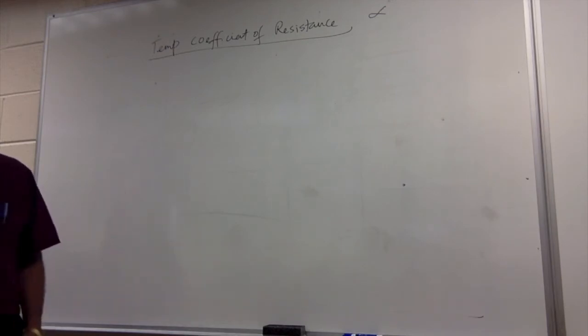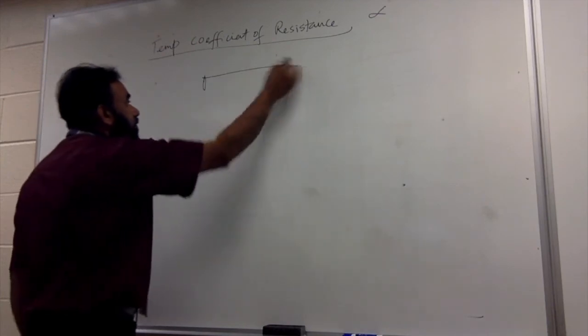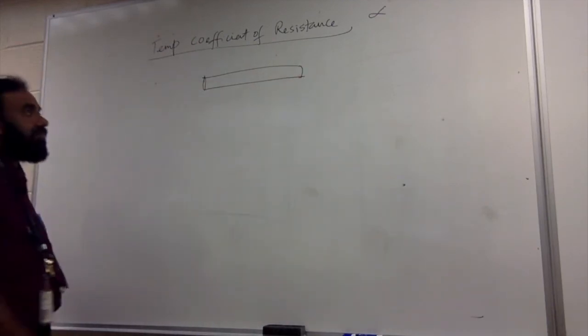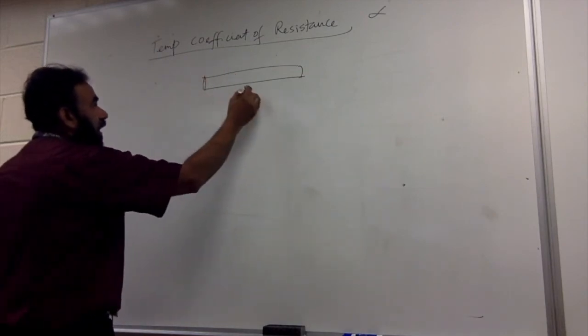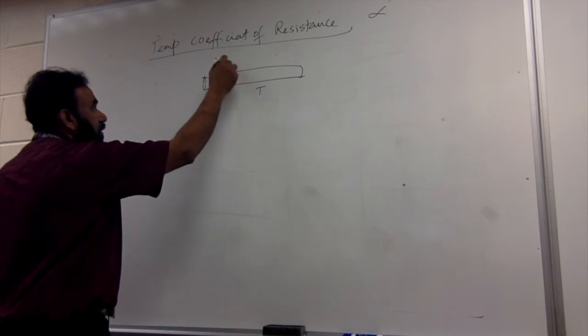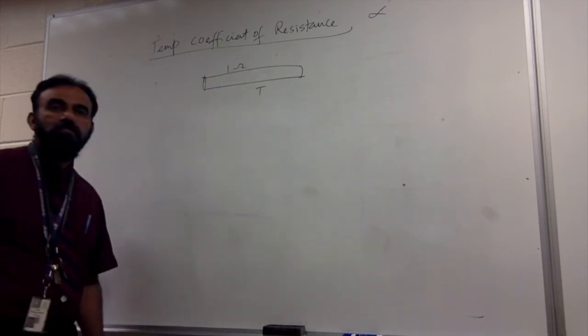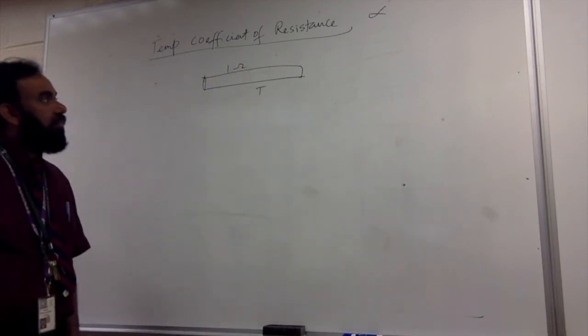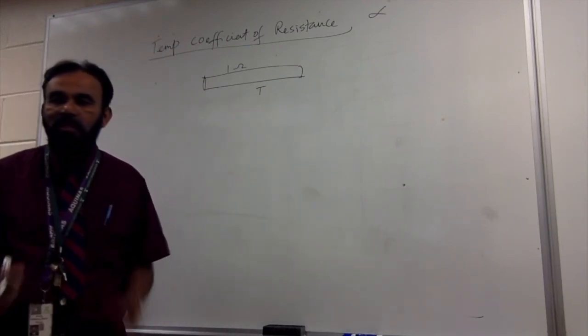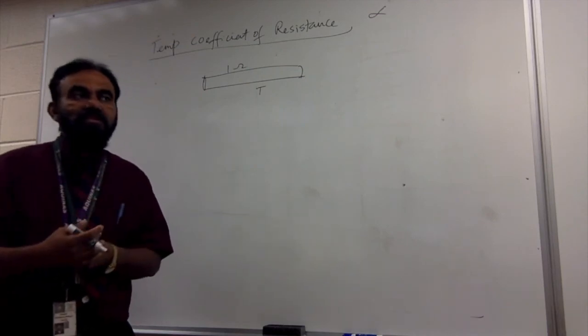To understand that better, let's say you have a material. And at a certain temperature, the resistance of this material is 1 ohm. When the temperature goes up by 1 Celsius, how much does the resistance change?